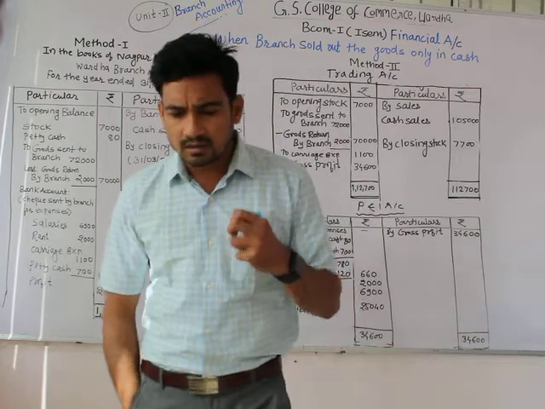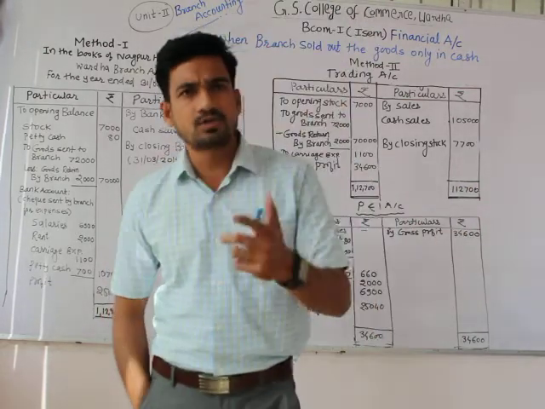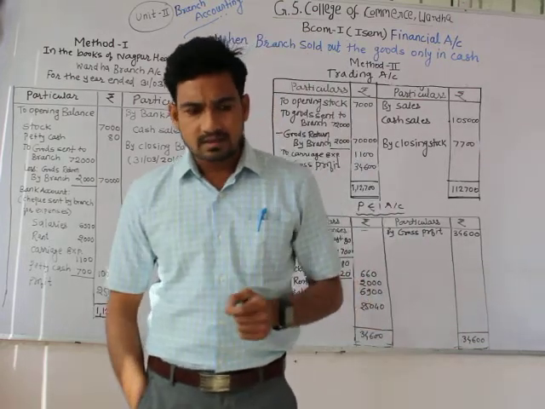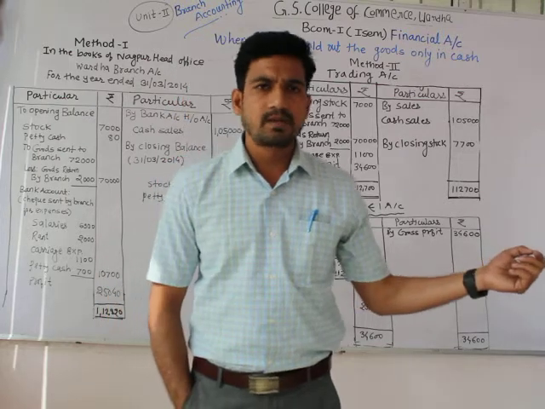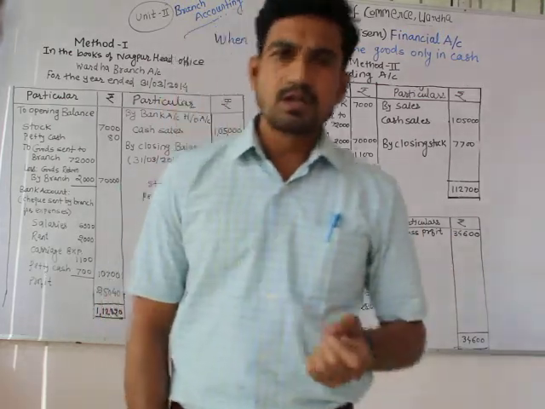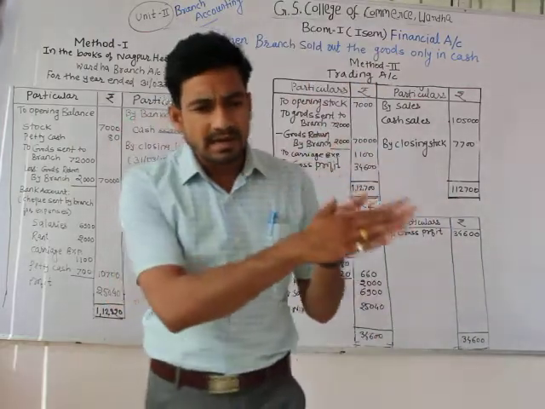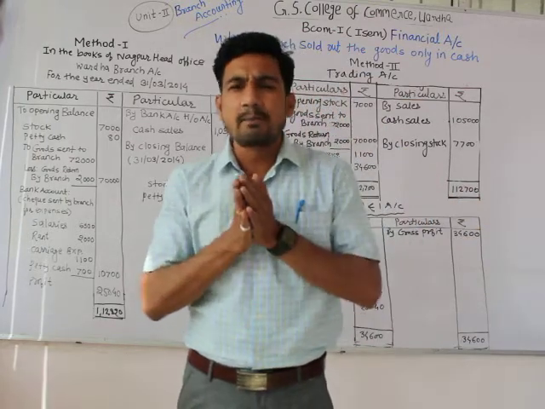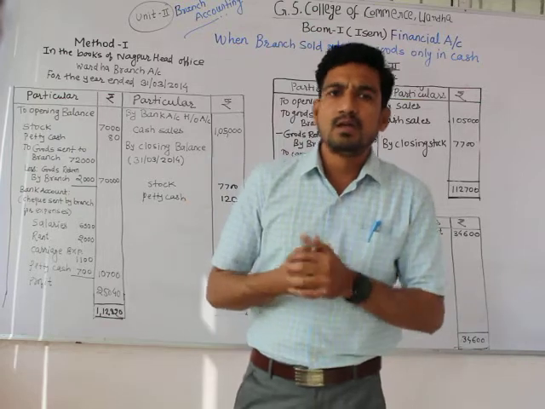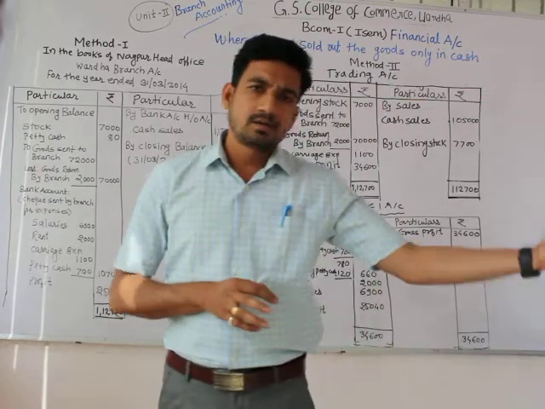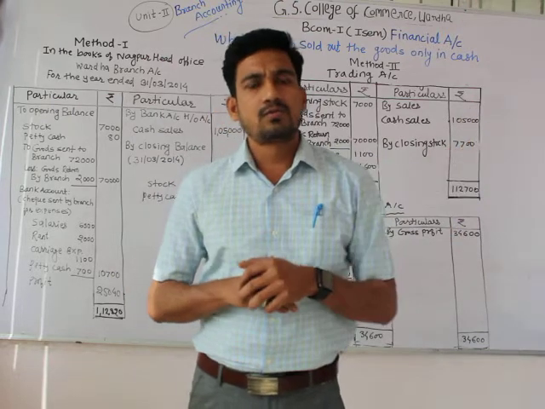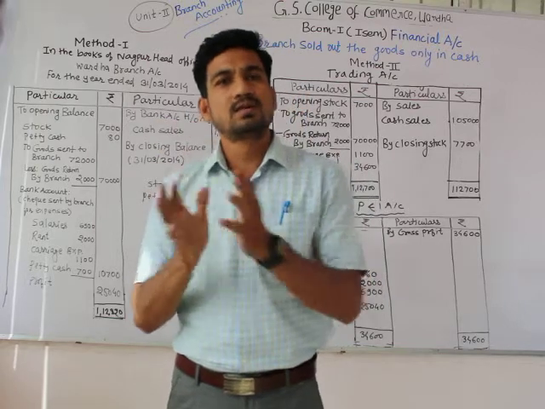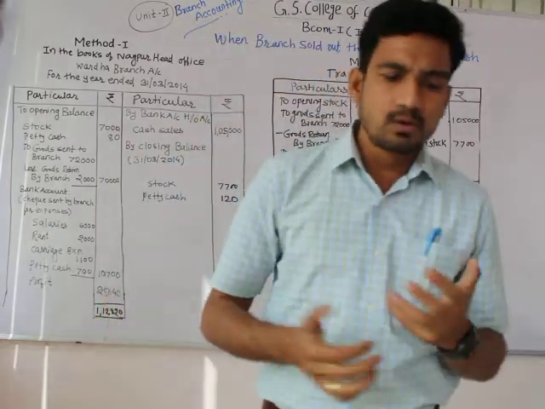So they have to prepare their financial statements separately and don't depend on the head office. Dependent branches depend on head offices, while independent branches work separately. So this is all about branch accounting.